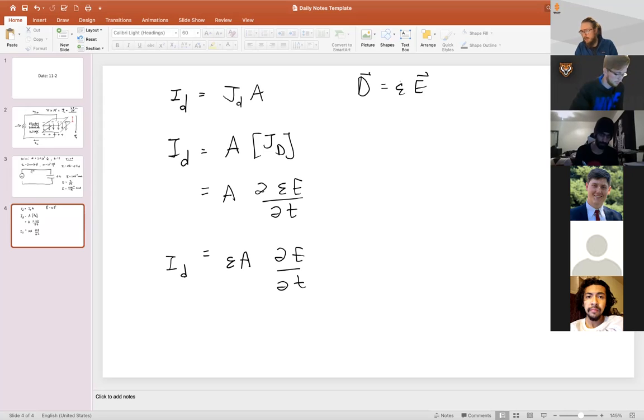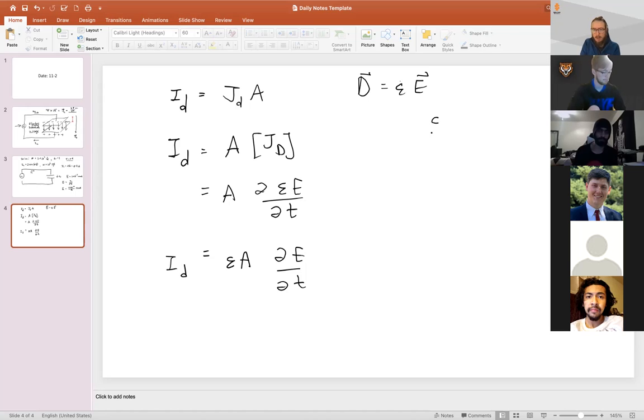Okay, does this derivation make sense? How I arrived here? Yes. Okay. So for this displacement current density, I substituted our expression for the changing electric field. And I used this epsilon.